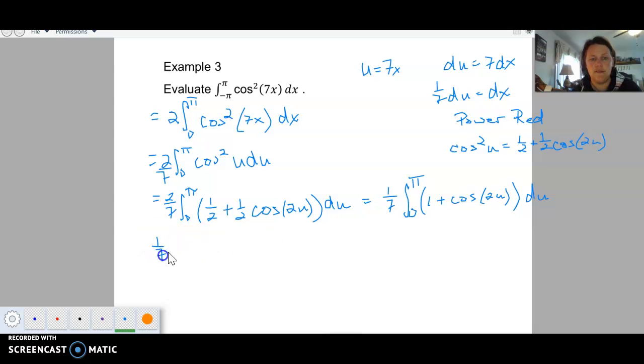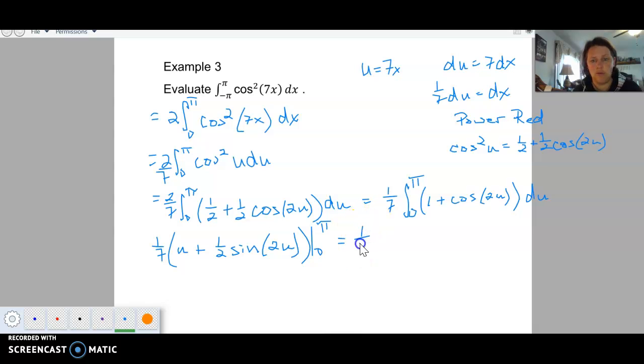So we've got 1/7 times u plus, that's going to become 1/2 sine of 2u. And we're evaluating from 0 to pi. We need to substitute back in for u. I think we're good. Okay, I'm going to go ahead and multiply the 1/7 through also.